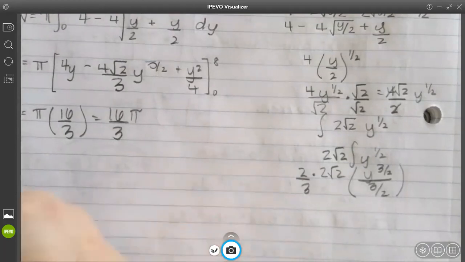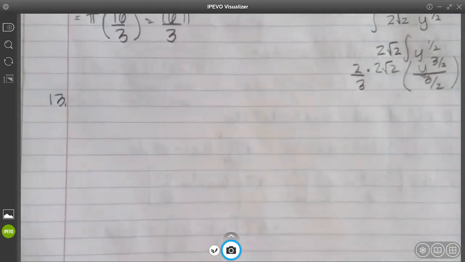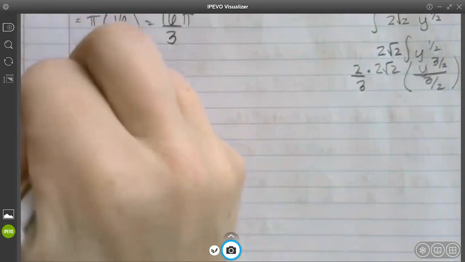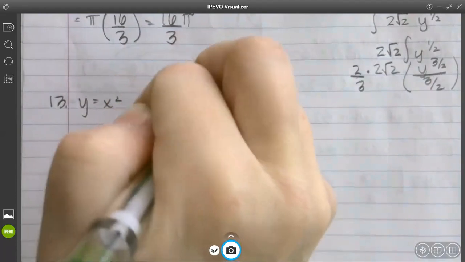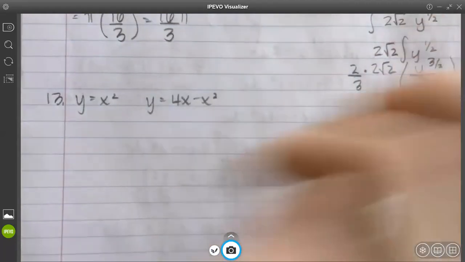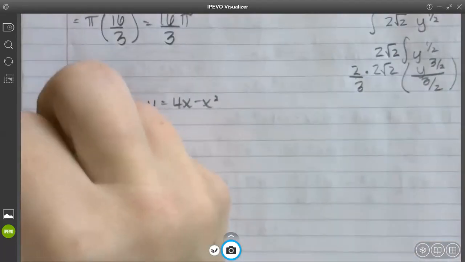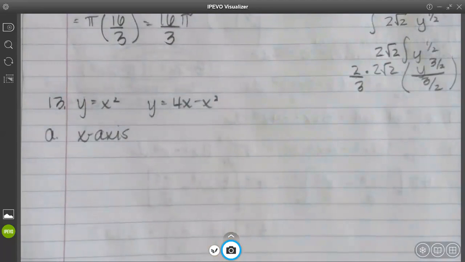All right, 13. 13 gives you y equals x squared, y equals 4x minus x squared. And it wants you to do an x-axis rotation.